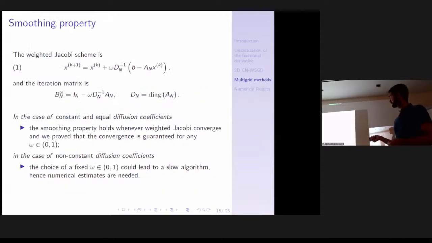And what about the smoother? As the smoother we use the weighted Jacobi. Weighted Jacobi is standard, but we have to find a suitable weight. The theory states that any weight between 0 and 1 would be suitable, but in real applications, a fixed choice of the weight could lead to a slow algorithm. So we have to numerically estimate it.